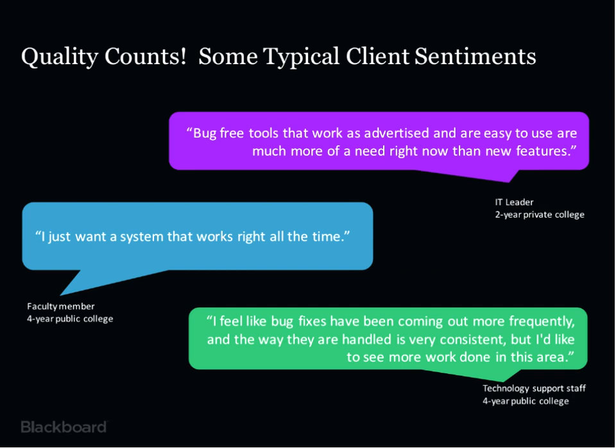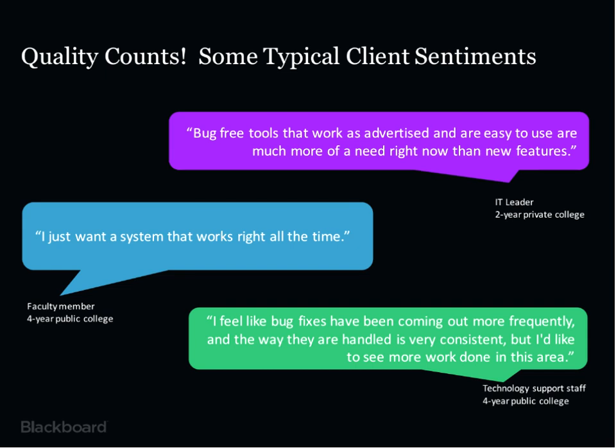And as we are prioritizing the things that we are doing within Blackboard Learn 9.1, we are focusing on the feedback that we hear from our clients. And the one that we hear most often is that we should be focusing on quality, that not having bugs is the most important thing that we could do, that we need to be focused on the stability of the environment, a secure environment.